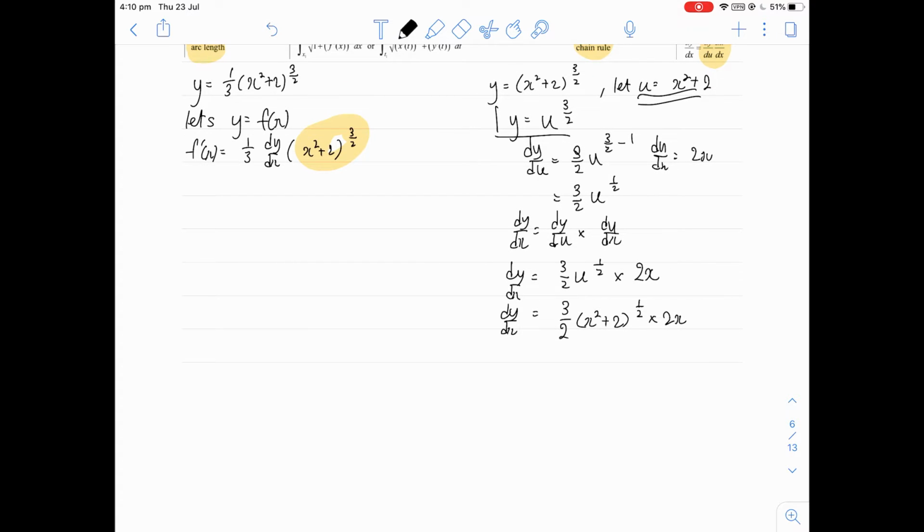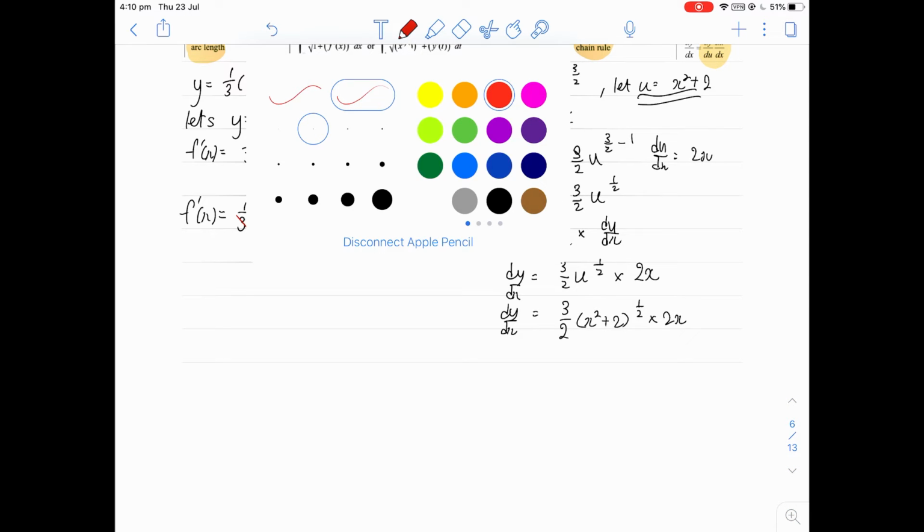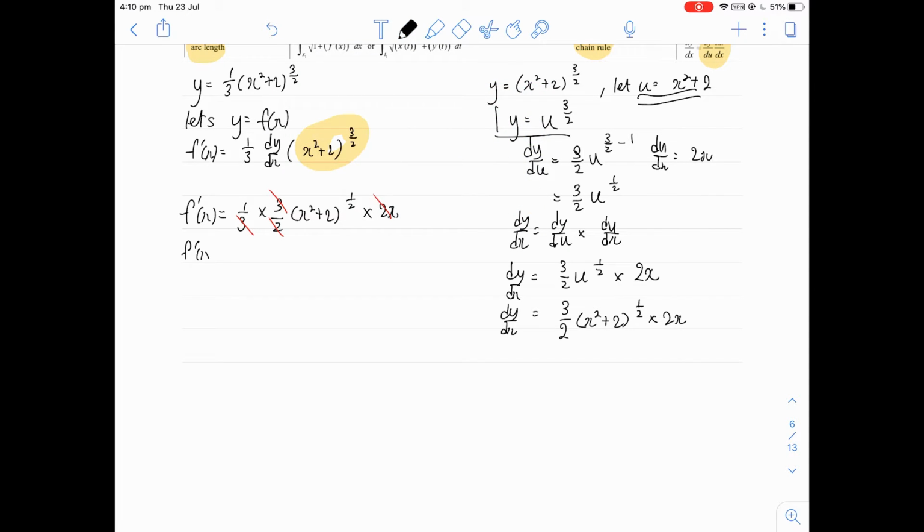Therefore f dash x will be 1/3 multiplied by 3 on 2 (x squared plus 2) to the power of 1/2 multiplied by 2x. And here, what we can notice is that the 3's cancel out, and the 2's also cancel out. So the most simplified form would be (x squared plus 2) to the power of 1/2.